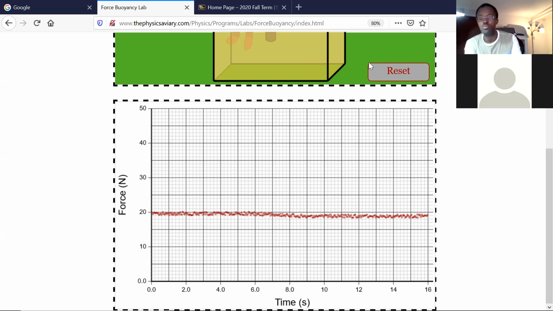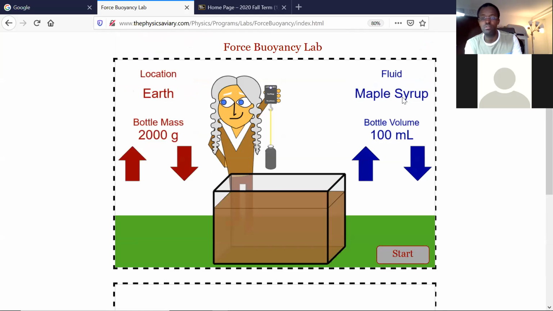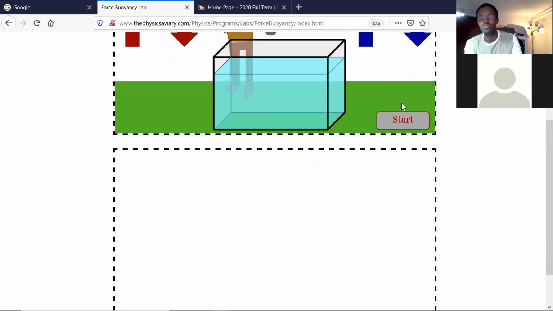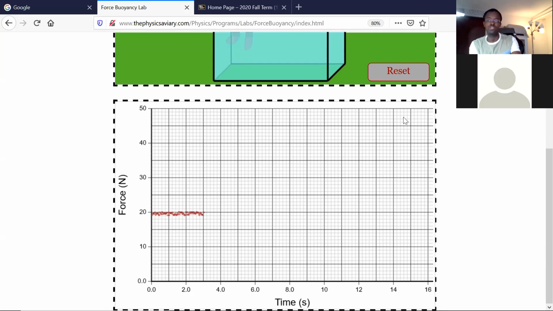Let me do it with fresh water. But that's true. What you said is correct. It seems the graph is constant. But you can still interpret it. You can still tell us what the apparent weight is, what the actual weight is, and what the buoyant force is. Water.